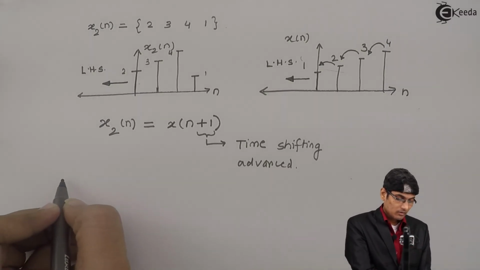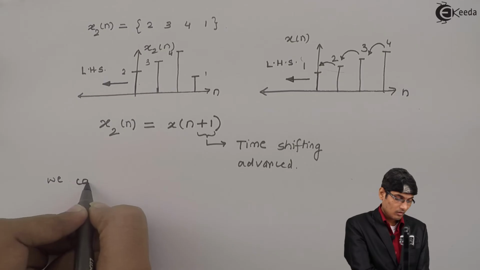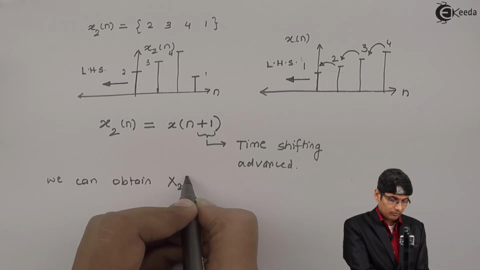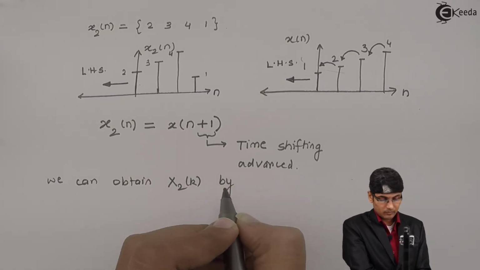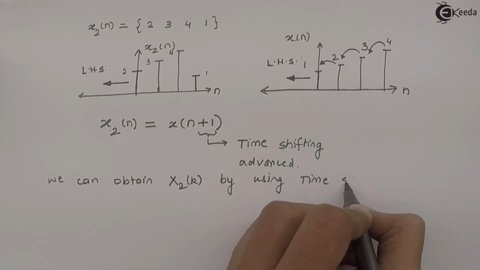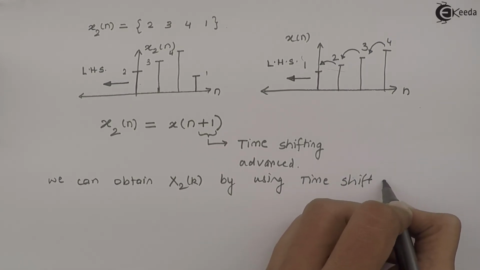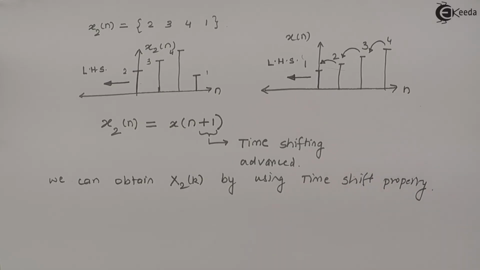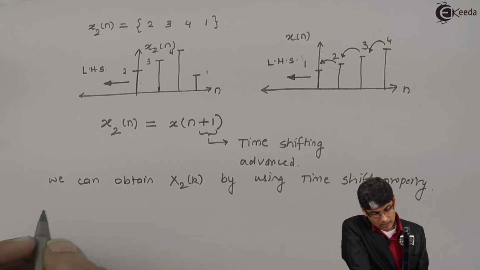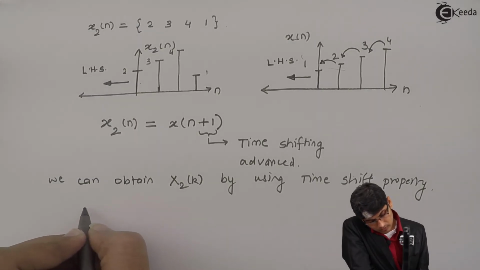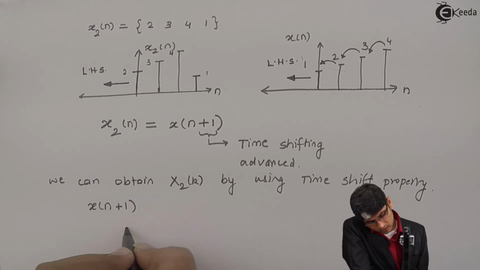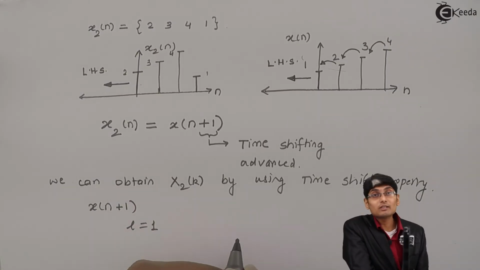So again we can obtain x2 of k by using the time shift property. Here I have x of n plus 1. So what is my L over here? L over here is 1.